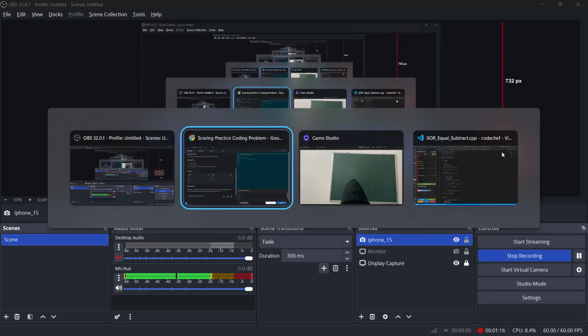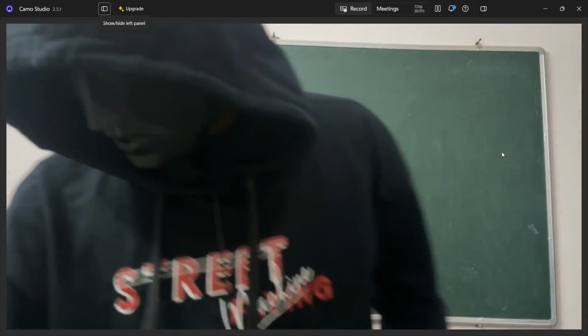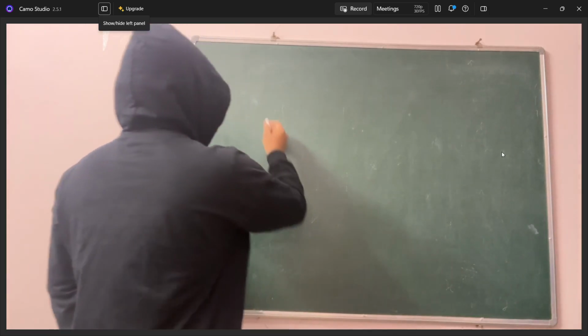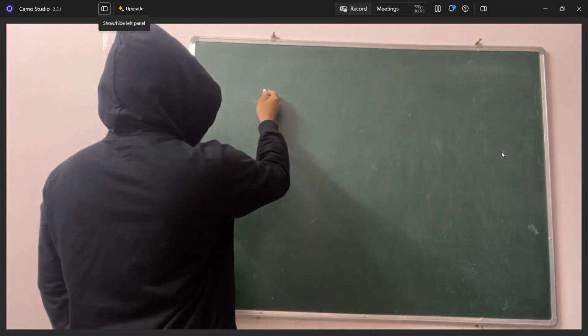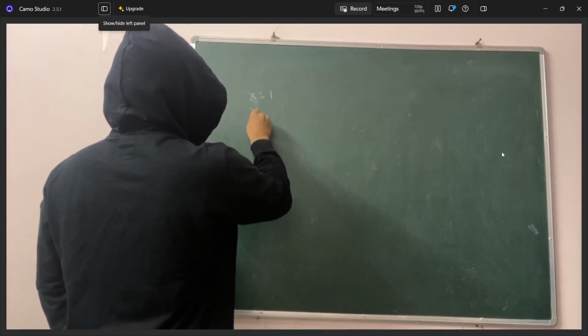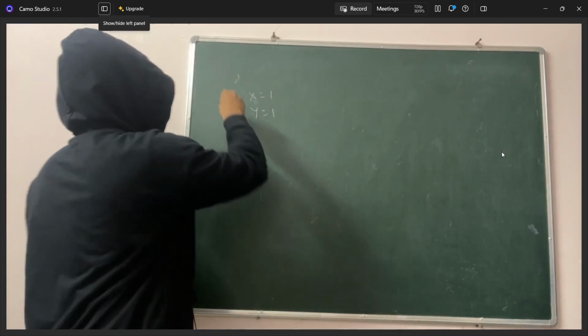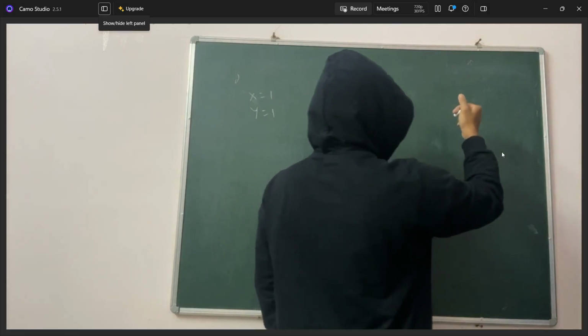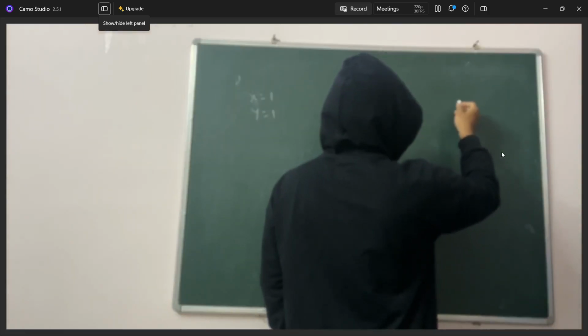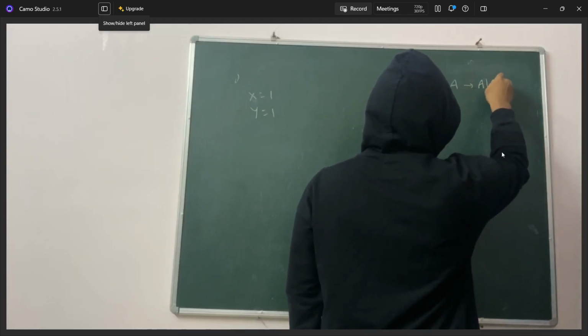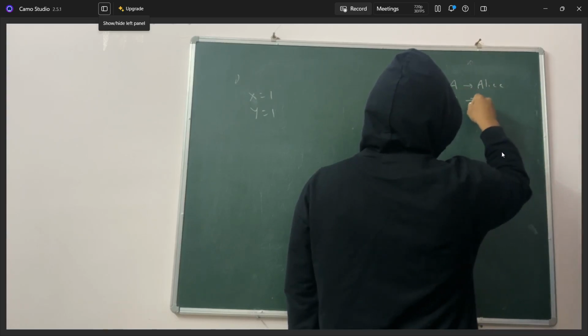In the first we have 1 and 1. So let's go to the board. X is 1 and Y is 1 in the first example, but in the problem, let's say A is the score scored by Alice and B is the score scored by Bob.